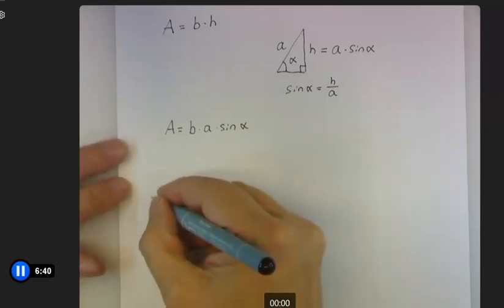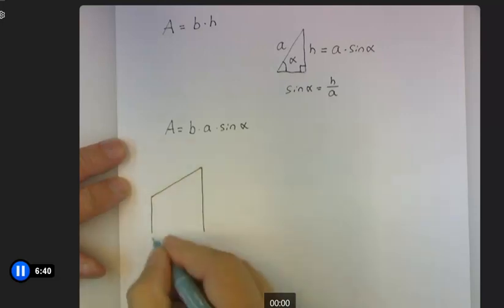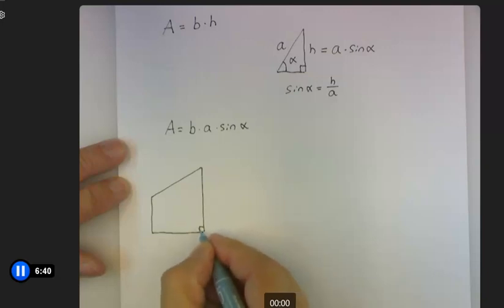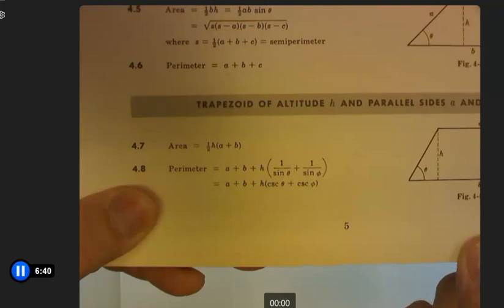If we have this kind of figure, how do you call this figure? Trapezoid. Yes. In this book it is trapezoid.